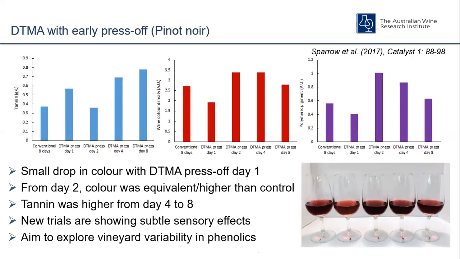And here you can see that from day 1, there was a small drop in color, but from day 2, one could see that color was equivalent or higher than the control, and tannin was higher from day 4 to 8 when one looked at DTMA compared to the control. So really one could theoretically do DTMA and press off a lot earlier and achieve the same effects as a full maceration on skin. So this is really where this maceration technique counts.